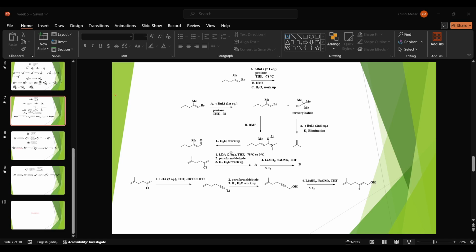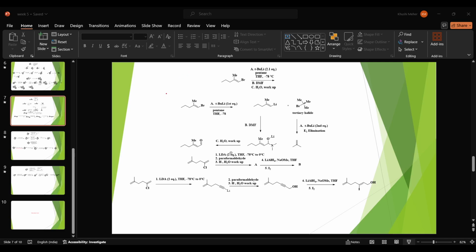In the whole reaction, we are using two equivalents of mCPBA, meta-chloroperoxybenzoic acid, which will convert our sulfur to the corresponding SO2 group by oxidation.